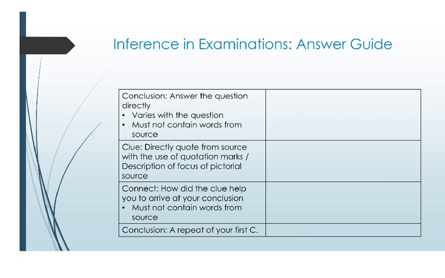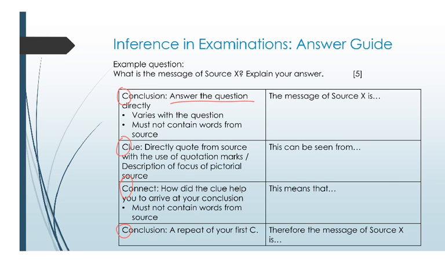This is what I call the 4 C's to answering an inference question. Where do the 4 C's come from? Basically, conclusion, clue, connect, and conclusion again. So what is in each of them? For conclusion, basically, you need to answer the question directly.